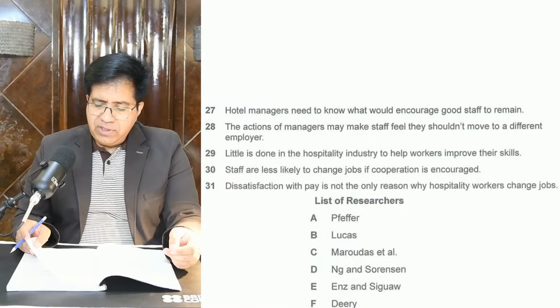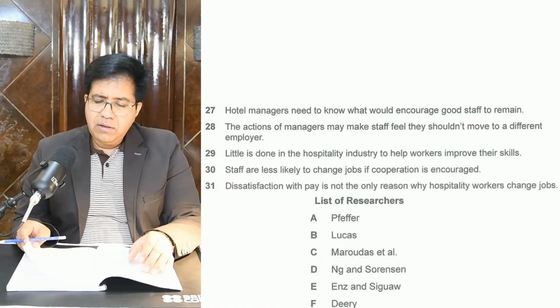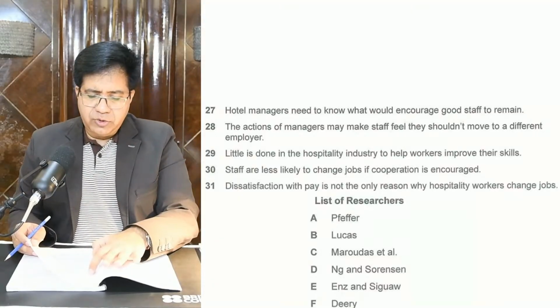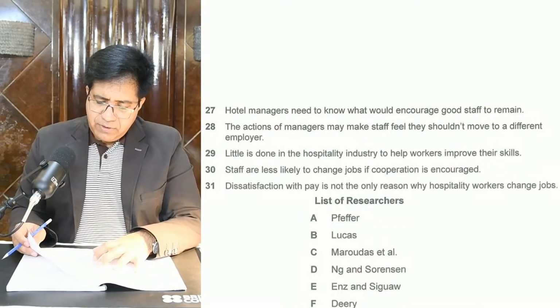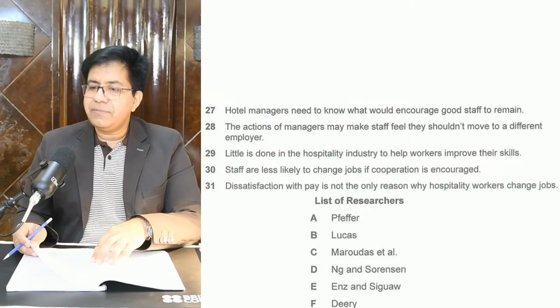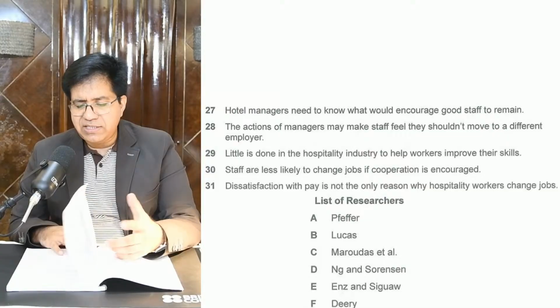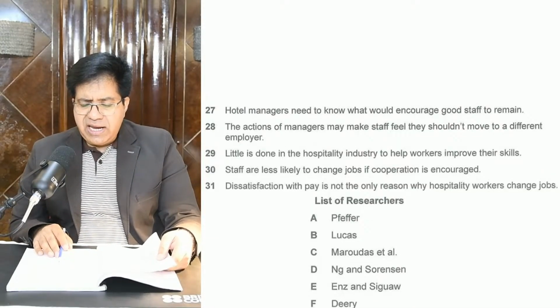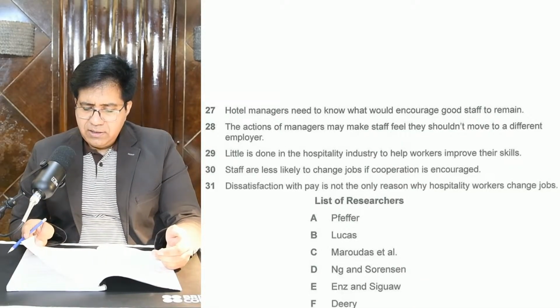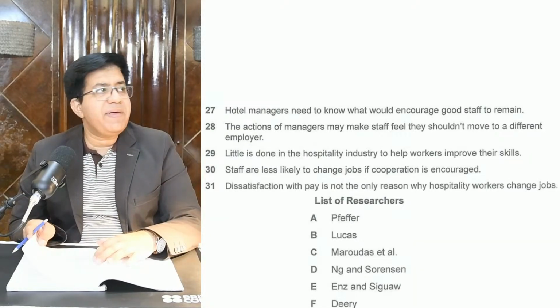Where is Marudas et al? One, two, three, fourth paragraph. Exactly the last thing there, Marudas et al. Found it? Same paragraph where you found Lucas, the last word is Marudas et al. NG and Sorensen. Fifth paragraph, and you can see NG and Sorensen in the beginning.